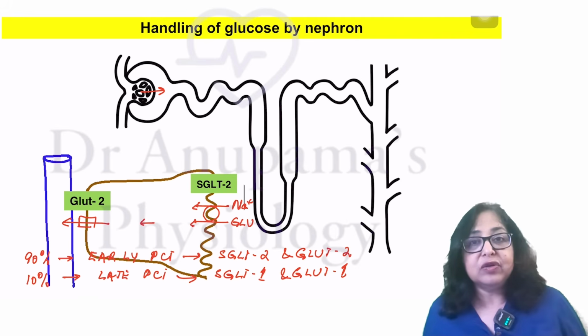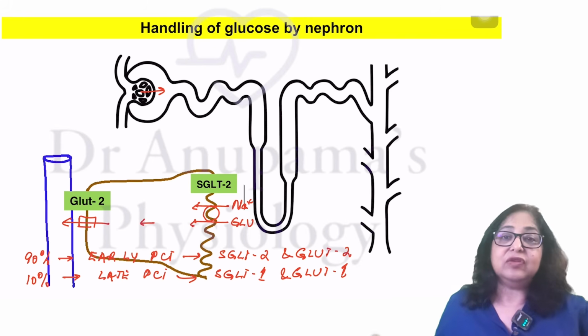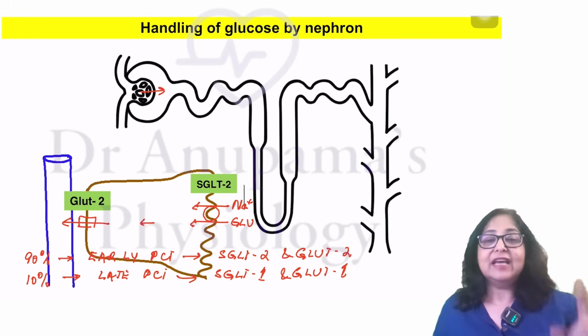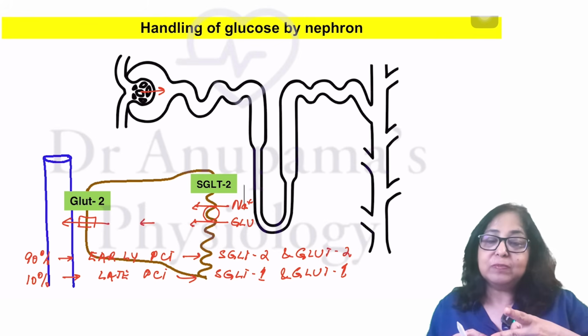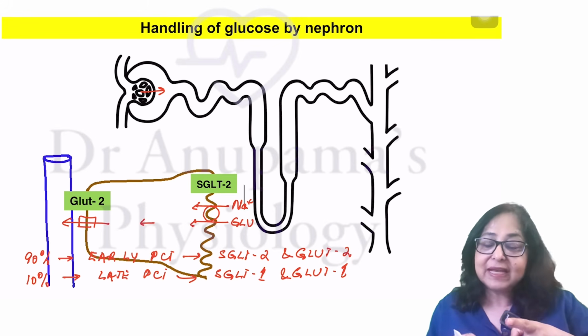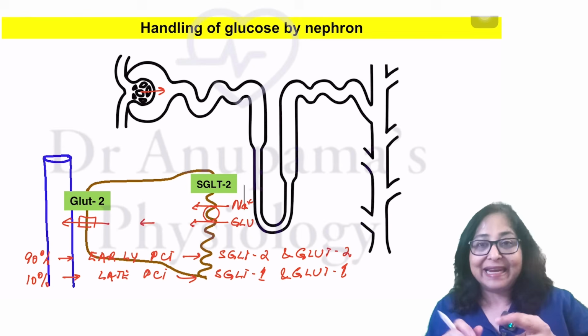So 100% of the glucose is going to be reabsorbed, and there is no glucose present in the urine. Reabsorption occurs in the PCT. So site of reabsorption: PCT; amount of glucose reabsorbed: 100%; and mechanism is SGLT2 and GLUT2 mainly.